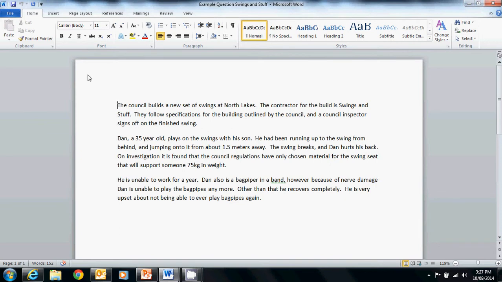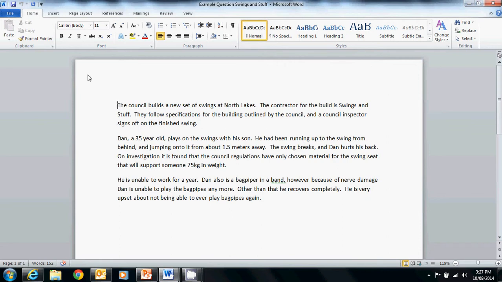Someone is playing with their son, Dan, on the swing. He runs up to the swings and jumps on it from about 1.5 meters away. The swing breaks and Dan hurts his back. On investigation it is found the council regulations only allowed for material that supports someone 75 kilograms in weight. Dan can't work for a year and loses the ability to be a bagpiper in a band.